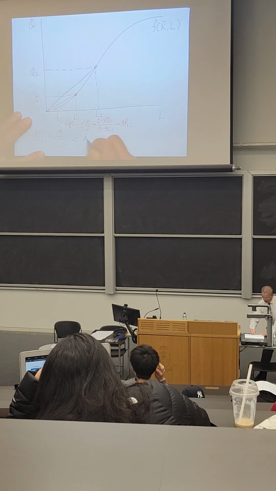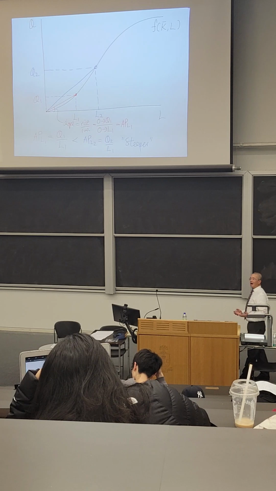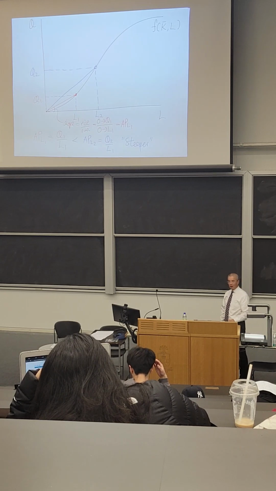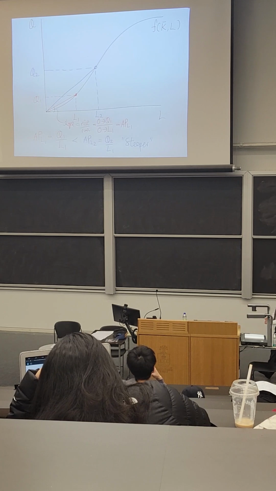Then the average product will be higher than the one that we had earlier, because this one, the blue line, is steeper. Steeper means larger slope value. Larger slope value means higher average product of labor.